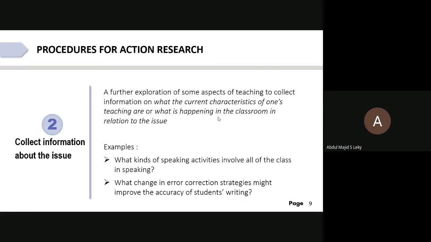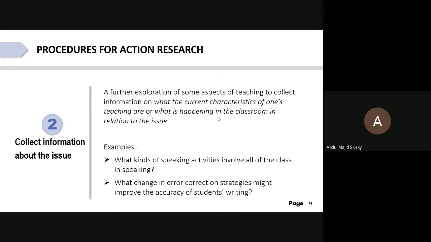So in collecting information, when we see an issue appear in our classroom, for example, some of our students do not take part in speaking activities, we need to see what the current characteristics of our teaching are, or what is happening in the classroom. So the students do not take part. We need to see the cause of the issue.